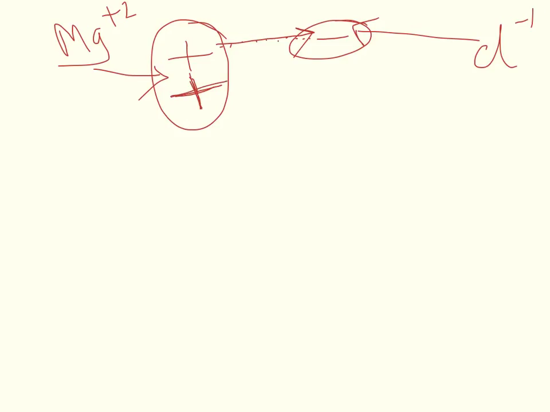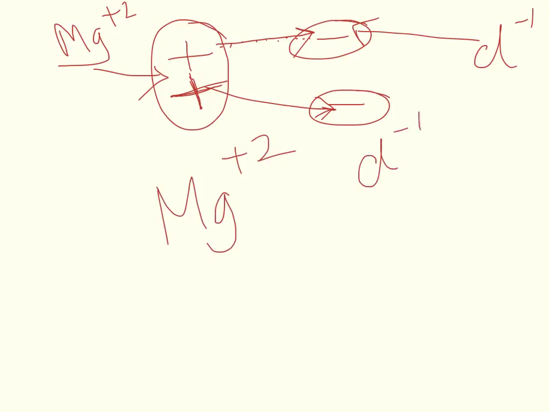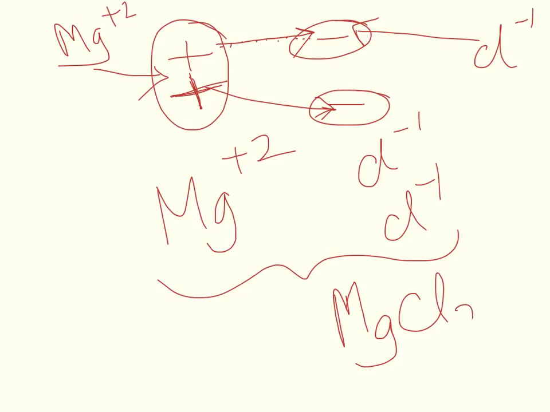So this ion is not completely neutralized. It needs another negative ion to neutralize it. In this process, one magnesium ion interacted with two chloride ions, and therefore the formula of the compound formed by magnesium and chlorine would be MgCl2.